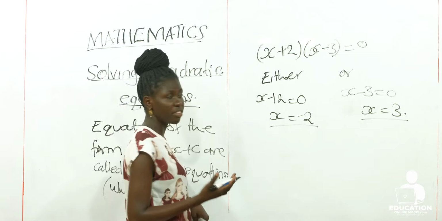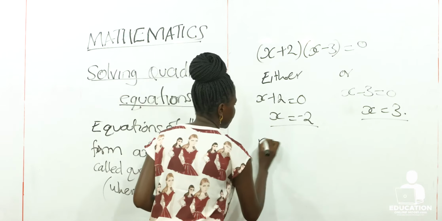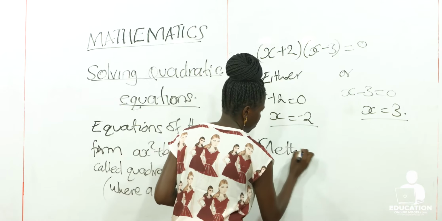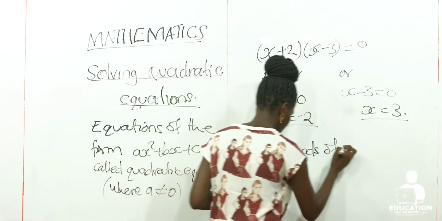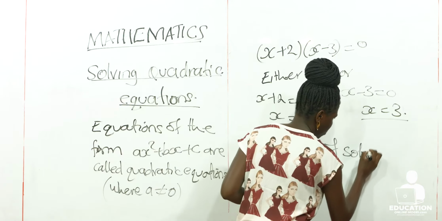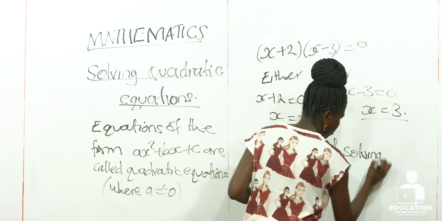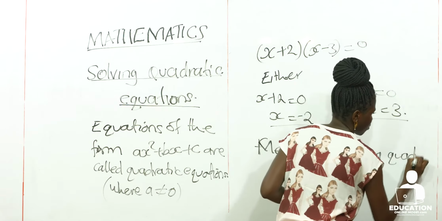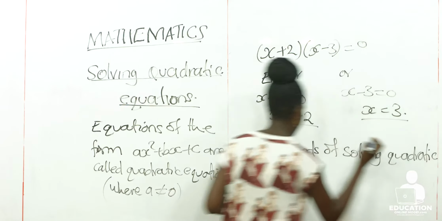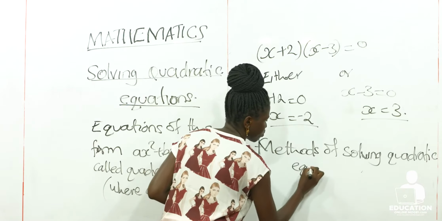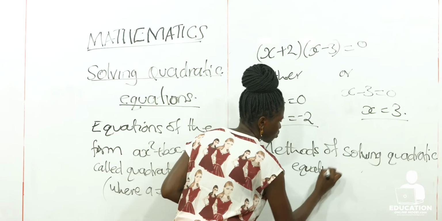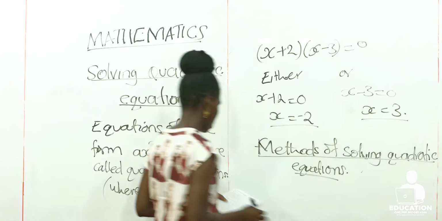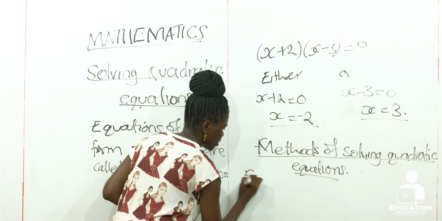Let's start with the first one, which is the factorization method. The first one we said is the factorization method, that is method A.